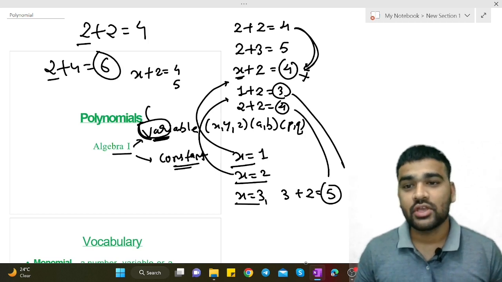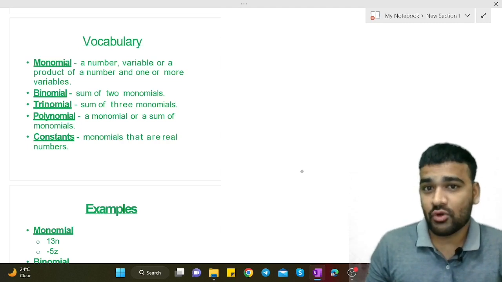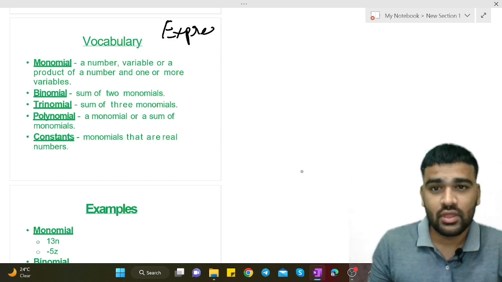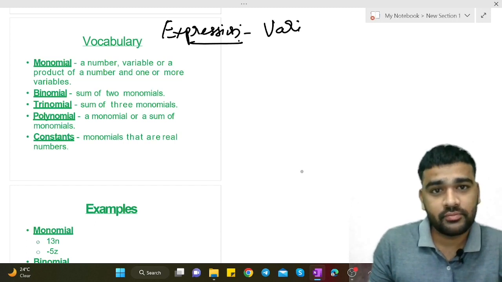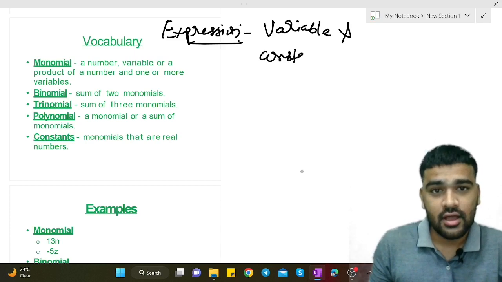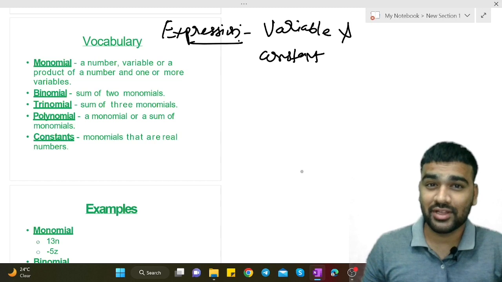Now let's talk about algebraic expressions. In an algebraic expression, you can have a variable and a constant and a mathematical operator. What is a mathematical operator?